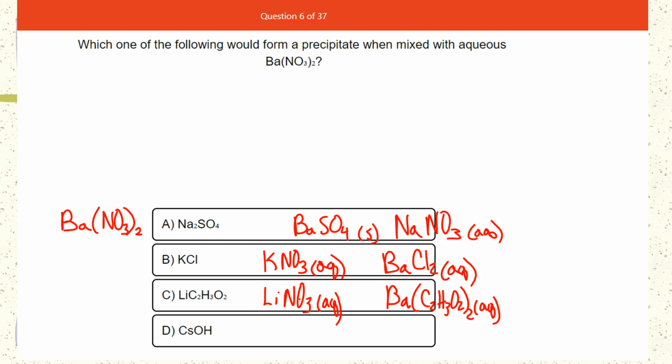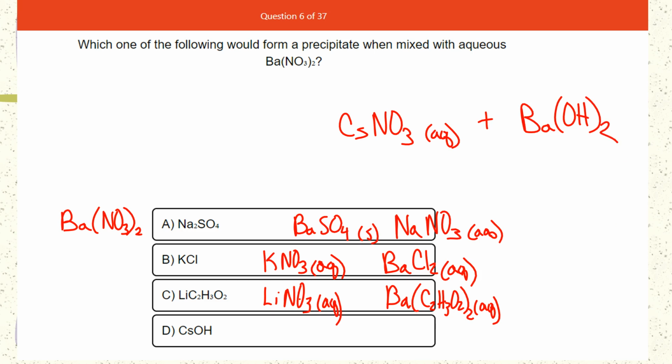And then the last two, you would end up with cesium nitrate. Because of the nitrate and because of cesium, it's always aqueous. And then we end up with barium hydroxide.